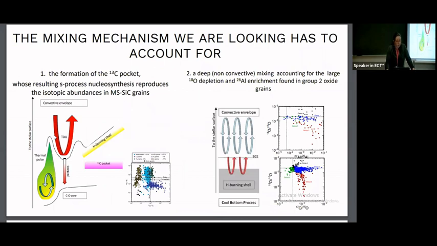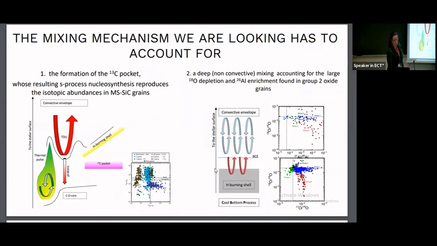The question for which the mixing mechanism has been investigated for a long time is whether it's possible to have just one model that is able to account for the constraints coming from the s-process nucleosynthesis, as well as the constraints coming from the hydrogen burning nucleosynthesis. By the way, pay attention to this plot.